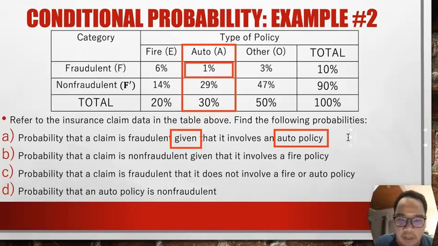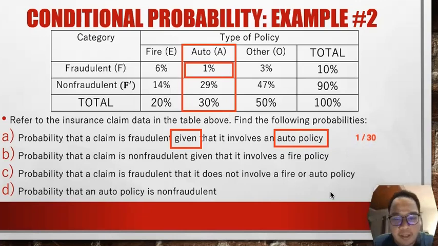So let me write it down. That's 1%, or maybe we can just hide the unit for now, 1% divided by the probability of the given event. Our given event is the auto policy, right? So it's going to be 30. So the probability that a claim is fraudulent given that it involves an auto policy is 1 over 30.